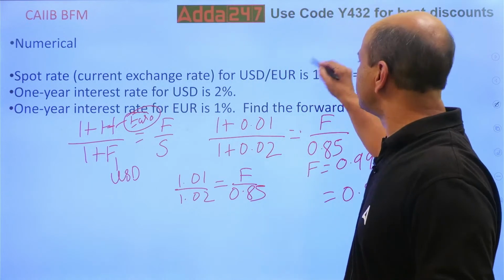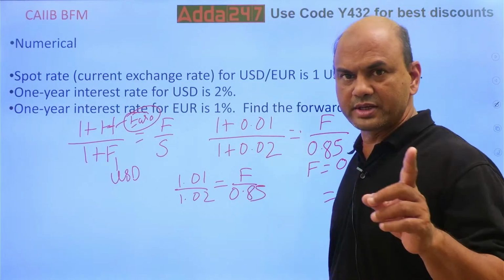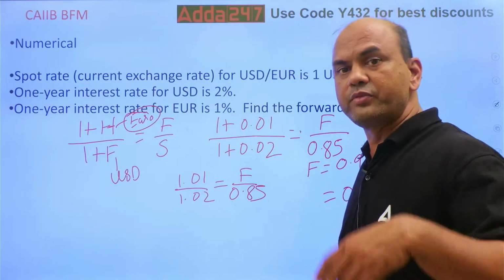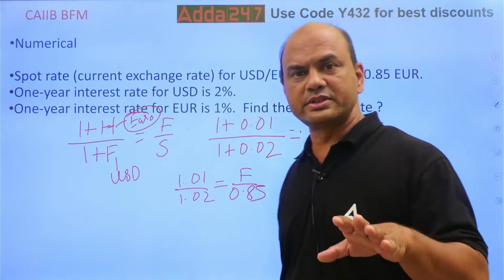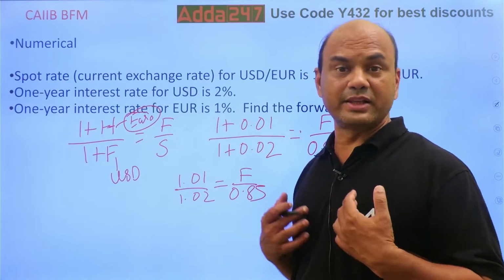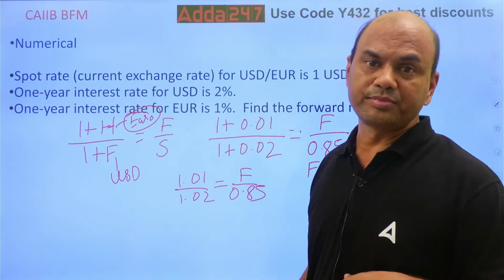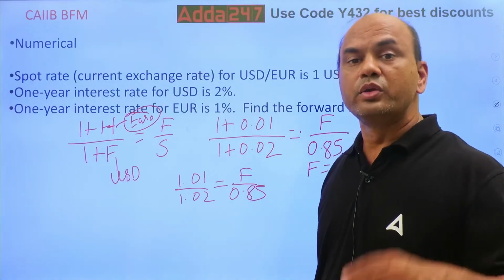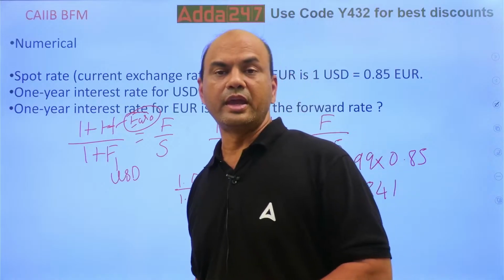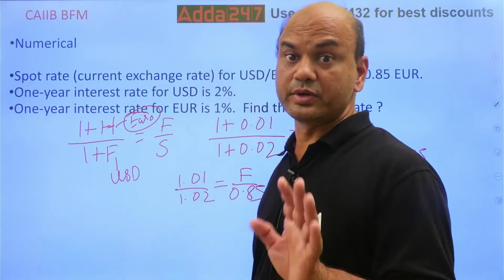For buying 1 USD right now, I'll have to give 0.85 euro. And in future, for buying 1 USD, I'll have to give 0.84. So I'll have to give less euro. What does it mean? USD has become cheaper. USD is falling down and euro is going up. That's the meaning.